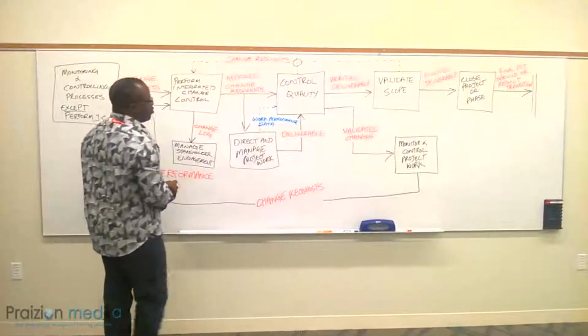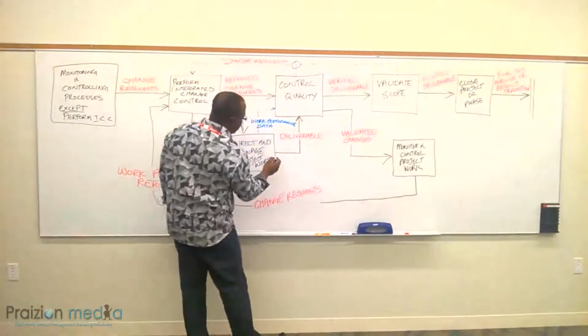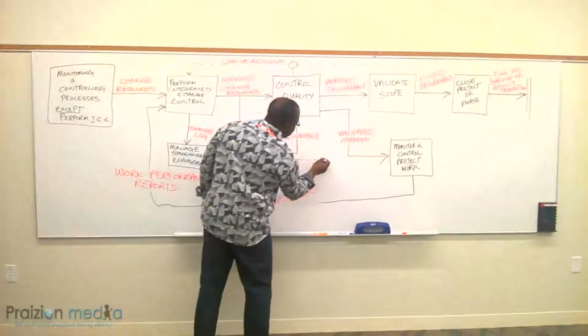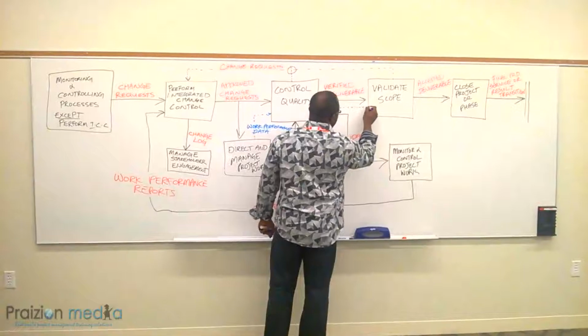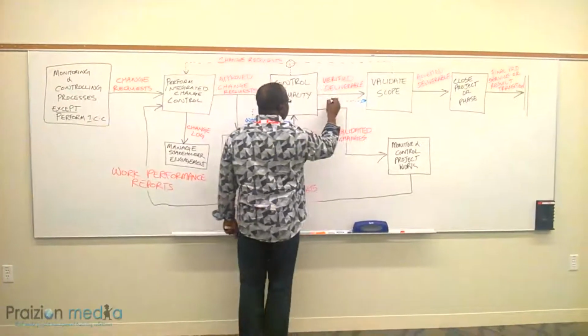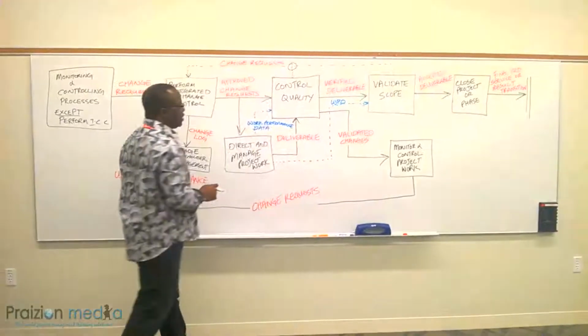We also have work performance data going into validate scope all the way over there. So just do another little line here. And this is your, just call it WPD. Just remember that's work performance data as well.